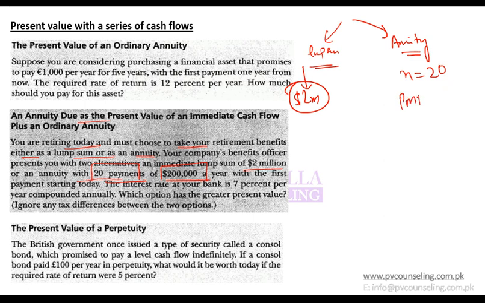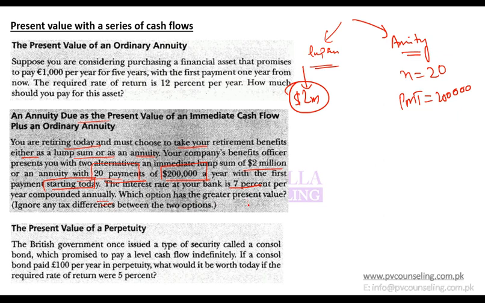So that means the payment per year is 200,000, with the first payment starting today, which means this is an annuity due and not an ordinary annuity. The interest rate at your bank is 7%. That is, if you receive this 2 million, you will be investing it at 7% per year compounded annually.